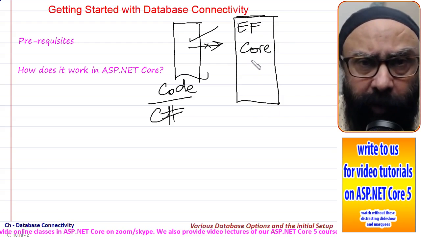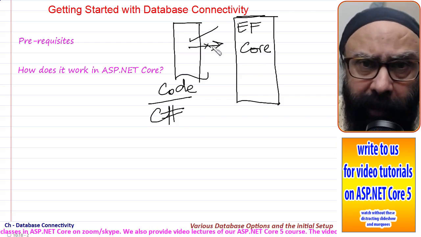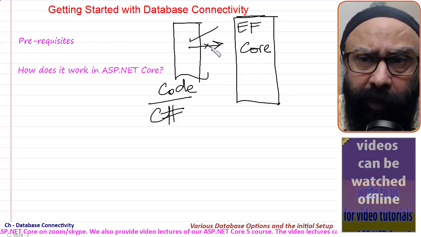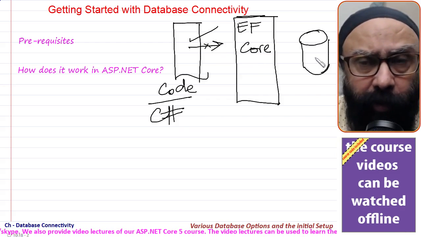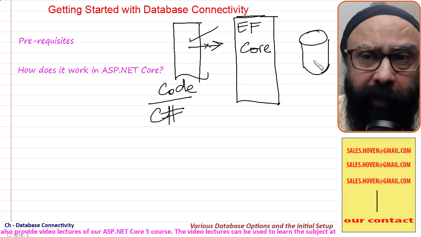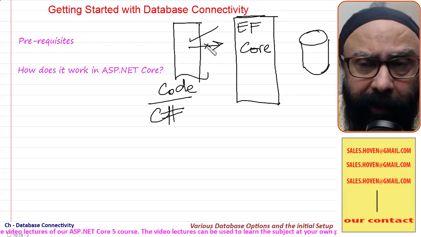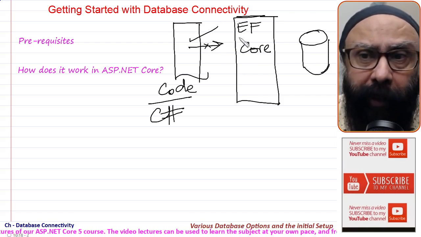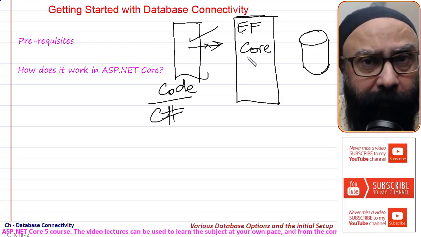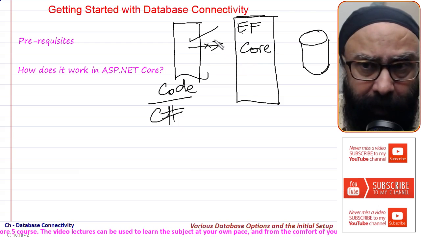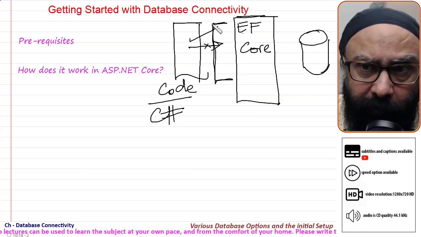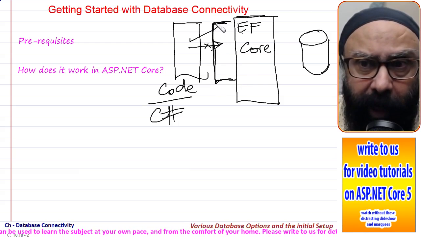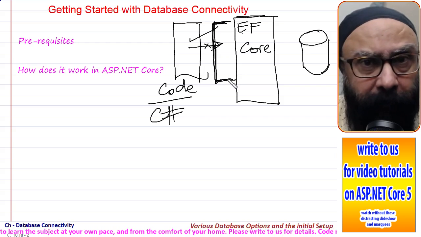The basic philosophy is that your application should not directly talk to the database. It should not directly talk to the database, but it should talk to the intermediate EF Core framework. The queries, the commands you give to the EF Core framework, are going to stay common.